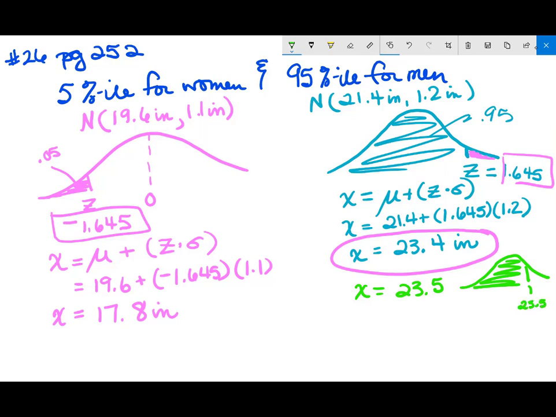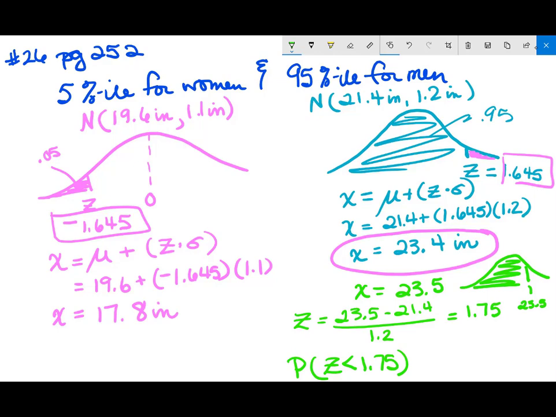So let's standardize it. 23.5 minus 21.4 divided by 1.2. And when I do that, I get a z-score of 1.75. So what's the probability that the z will be less than 1.75?